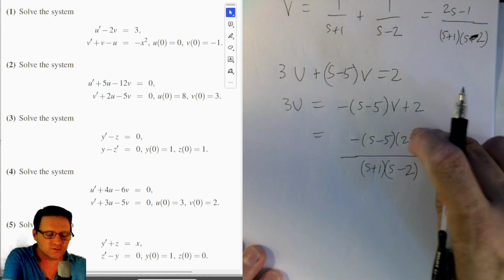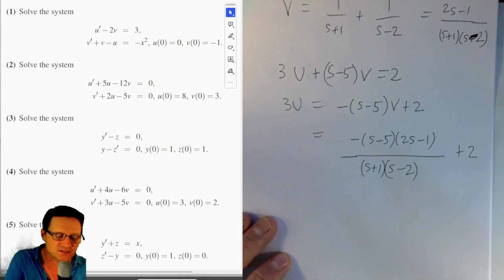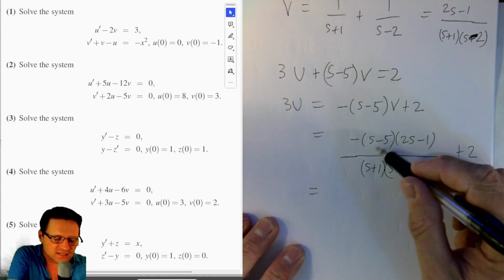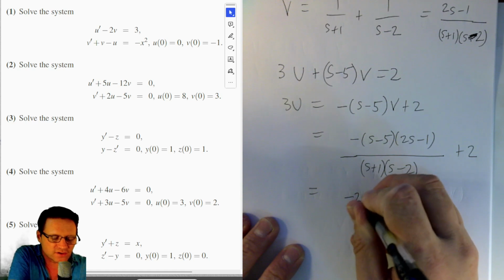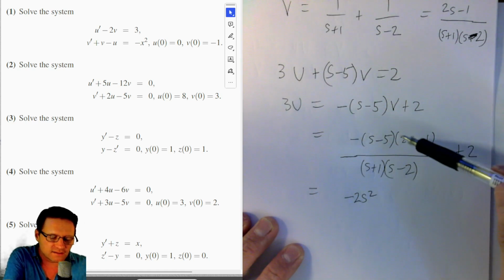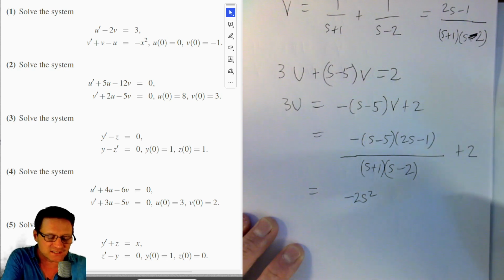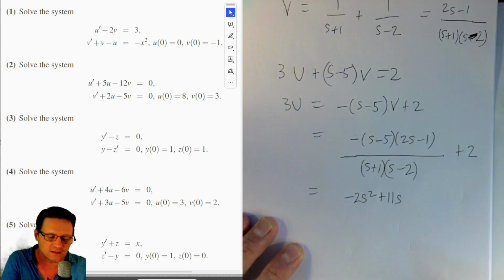Okay, and so we need to expand this. We also need a common denominator of S plus 1, S minus 2. So then we have, let's see, 2S times S is 2S squared, so minus 2S squared. Then minus 10S minus another S is minus 11S, but there's a minus out there, so that's plus 11S.